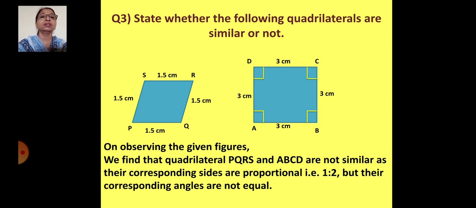No. So, on observing the given figures, we find that quadrilaterals PQRS and ABCD are not similar, as their corresponding sides are proportional, proportional means ratio equal, 1:2, but their corresponding angles are not equal. If either of the two conditions is not satisfied, the figure cannot be similar. For similarity, both conditions should be true.